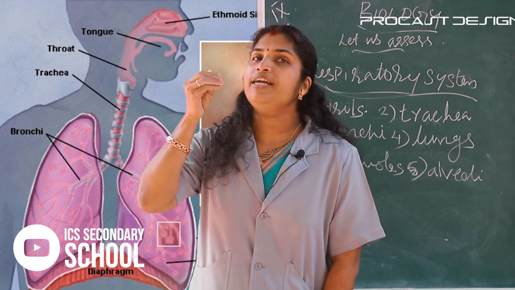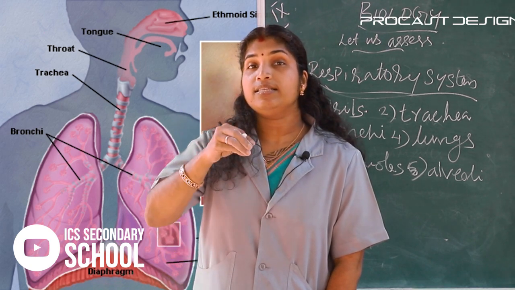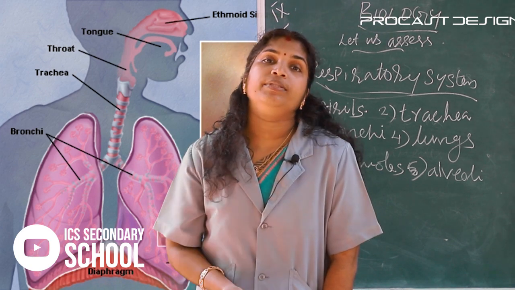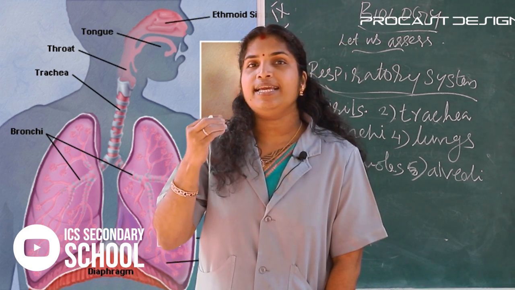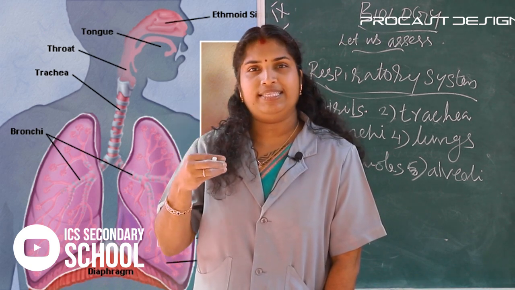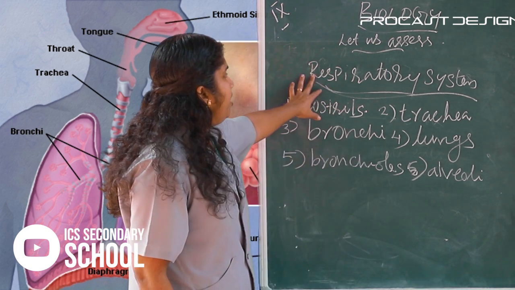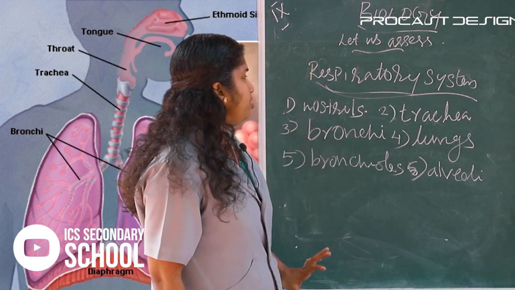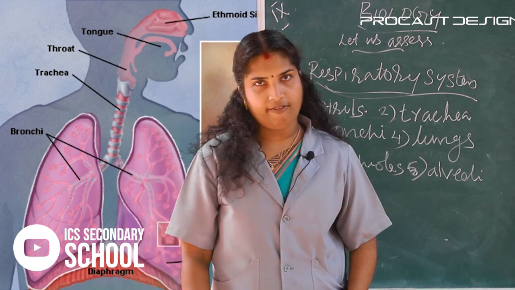These are joined together with oxygen in the mitochondria of the cell to form the energy. This oxygen enters the cell with the help of the respiratory system. The parts of the respiratory system are nostrils, trachea, bronchi, lungs, bronchioles and alveoli.